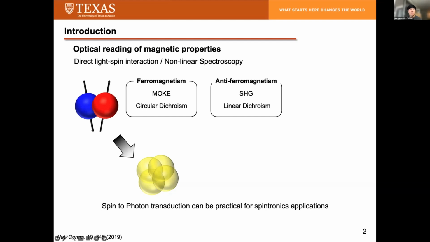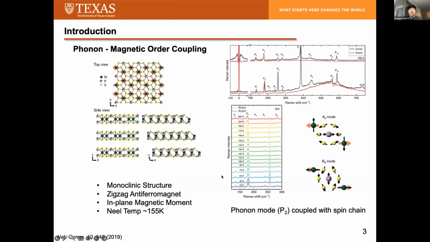But if the spin information can be transduced to another property in your system, so that you can detect spin information from the other properties, then it can be more practical for spintronic applications. For this purpose, there is a good candidate, which has recently been investigated, and that is nickel phosphorus trisulfide, the so-called NiPS3.